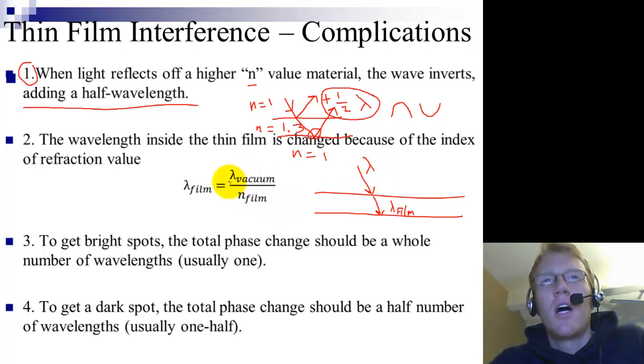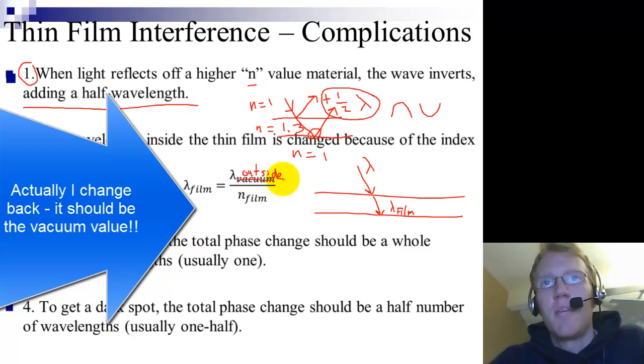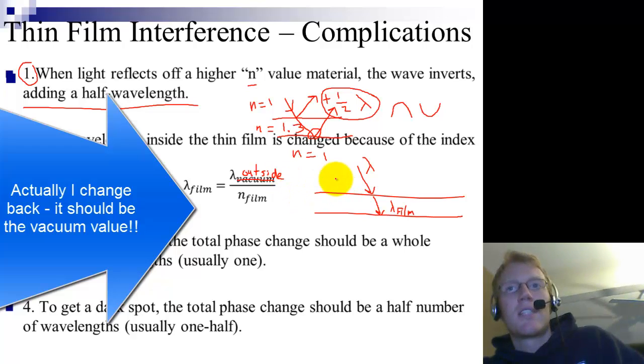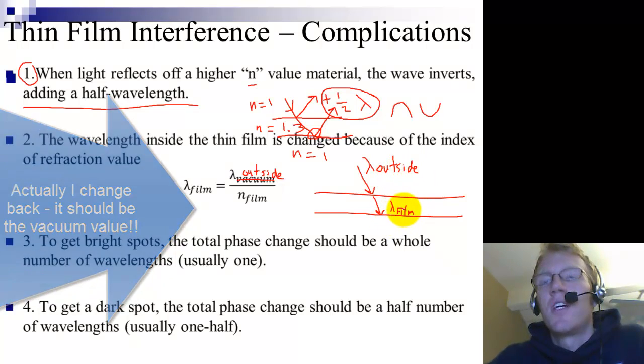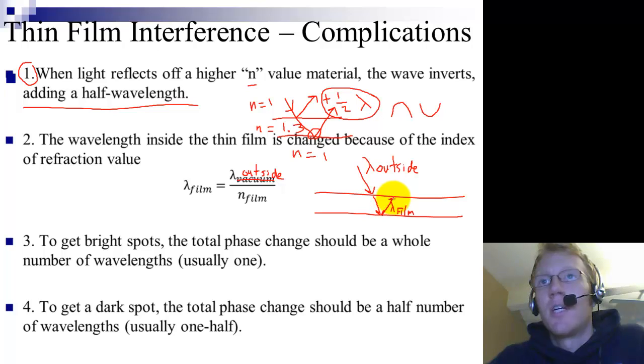And now, I guess I should modify this and say, instead of vacuum, I'll say whatever is outside, because the light doesn't always have to be coming from a vacuum into the film. It might be coming from water into glass or something like that. So you've got the wavelength on the outside, and then you've got the wavelength in the film, and that's going to be different.